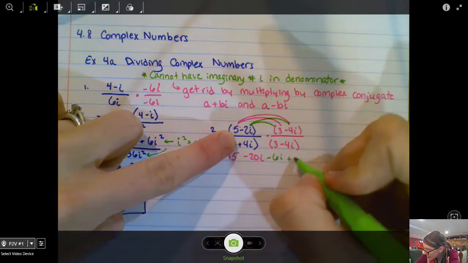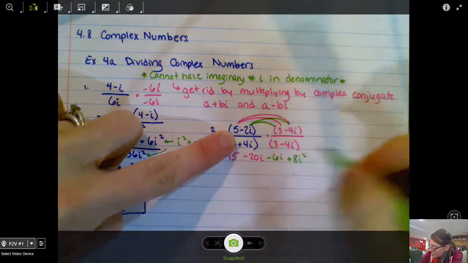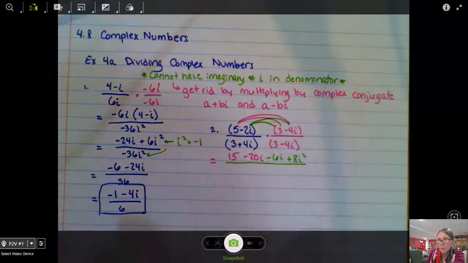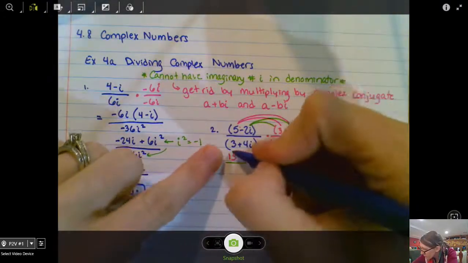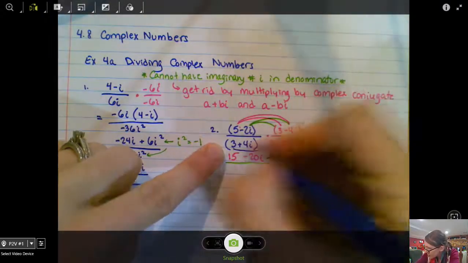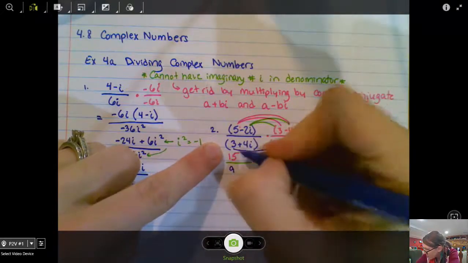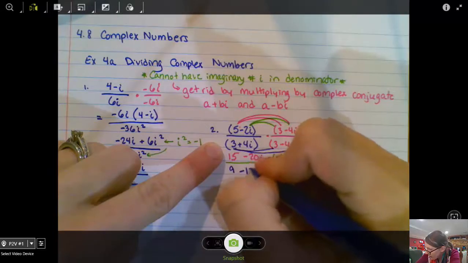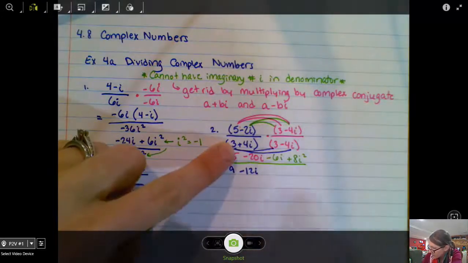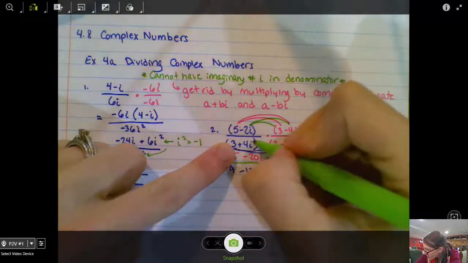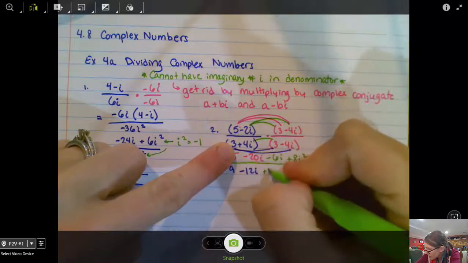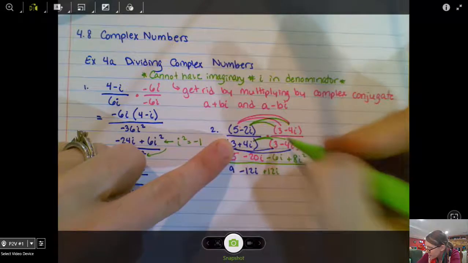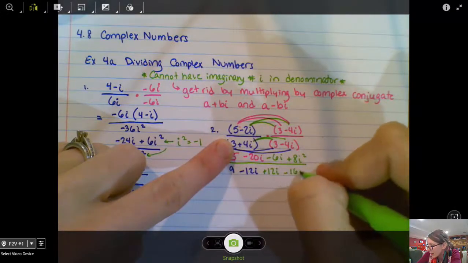Last is plus 8i squared, over, and then FOIL the bottom here. First, 3 times 3 is 9. Outside is minus 12i. Inside is plus 12i. And then 4i times negative 4i is negative 16i squared.